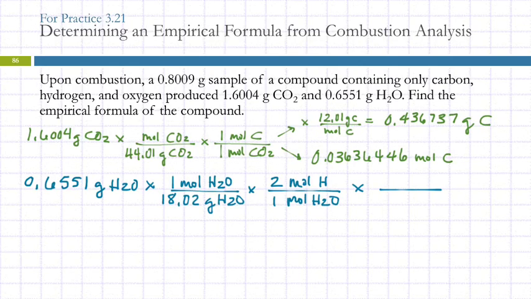I'm going to need the mass of hydrogen, but I'm also going to pull out the moles of hydrogen. 0.6551 divided by 18.02 times 2. That's going to give me my moles of hydrogen, 0.07270.